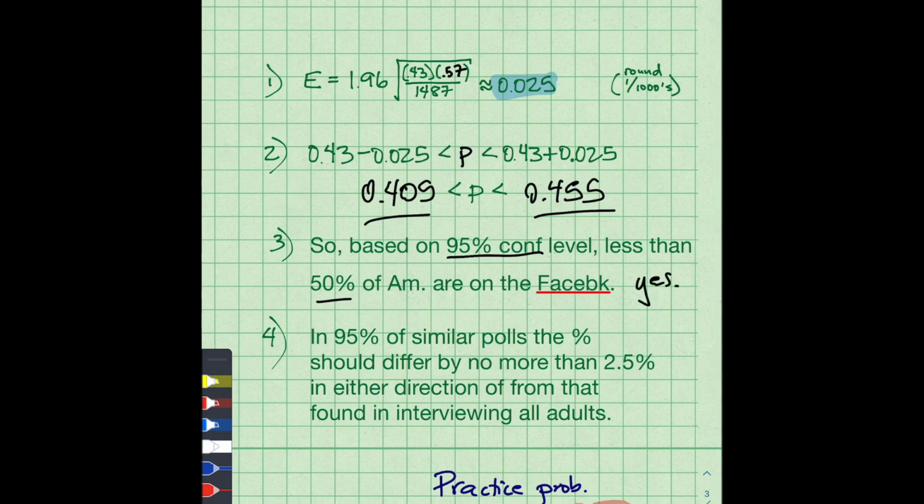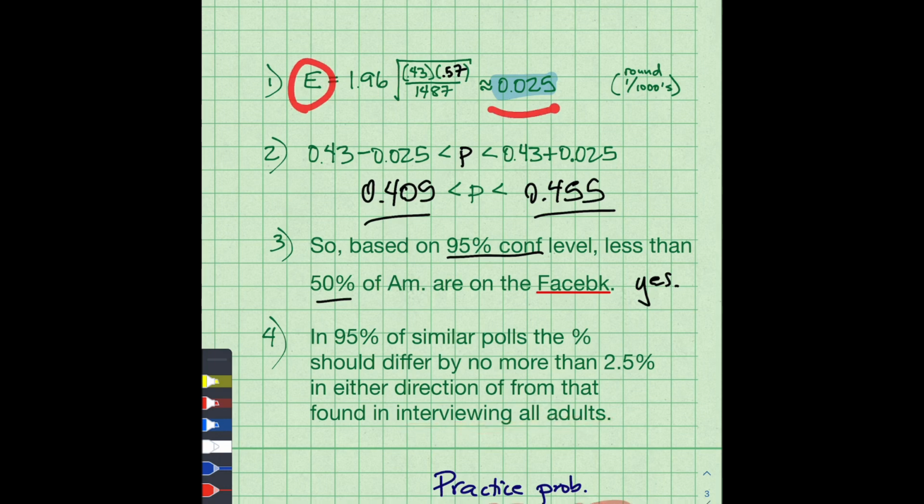Okay. Number 4, again, how do I summarize this statement? What's the best way to read it? That's kind of, like I said, the toughest part of this problem, not doing the calculations, right? I know you can make little mistakes there. And reading this shouldn't be that difficult. But how do I understand it? 95% of similar polls, the percentage should differ by no more than 2.5 in either direction of the adults.